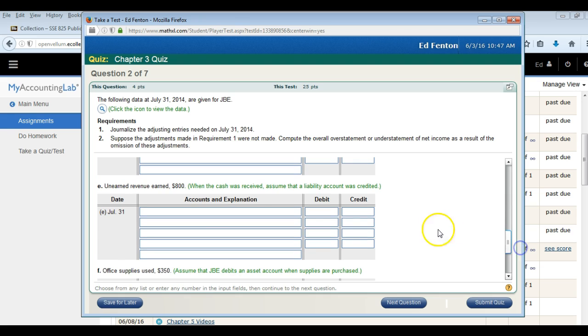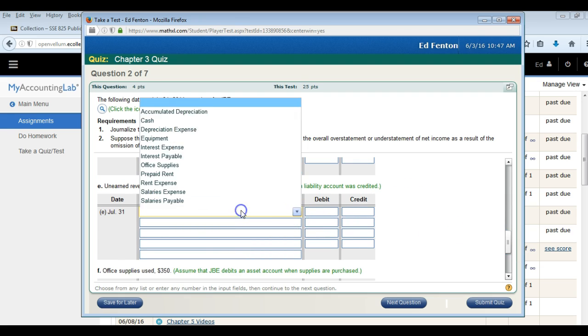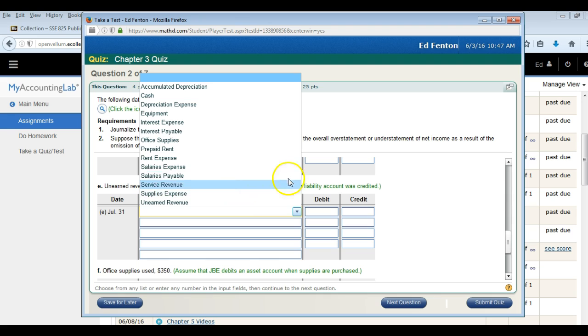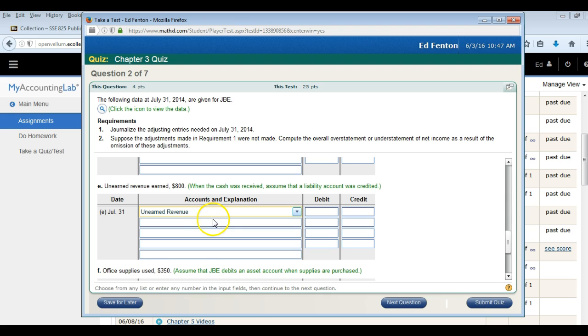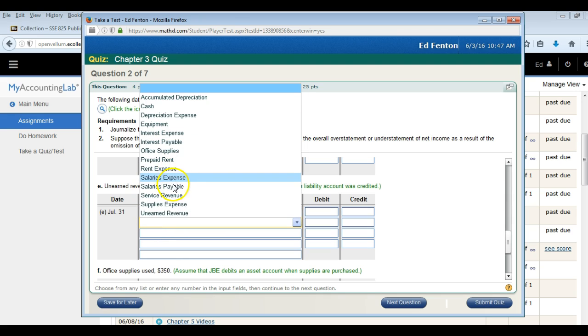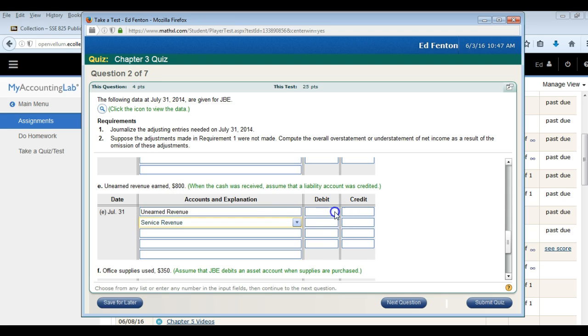E here, unearned revenue. You're going to take off the unearned revenue, which is a liability. You earn that, and now that will be service revenue for $800. So this is an example of if you did not make this entry.